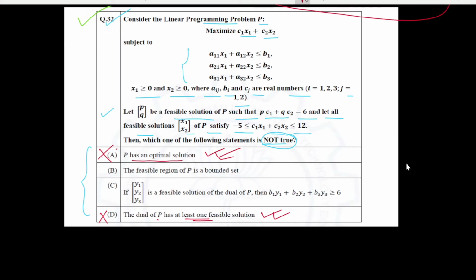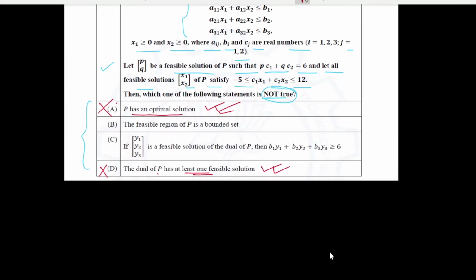Now we use a theorem, which is the weak duality theorem.